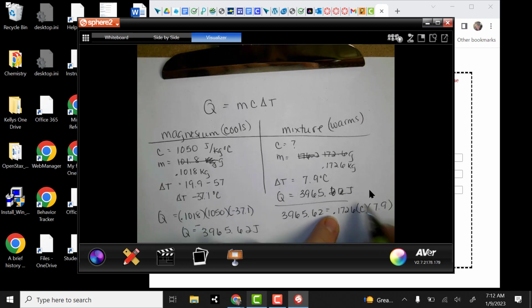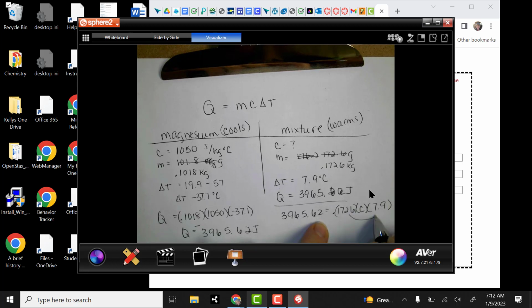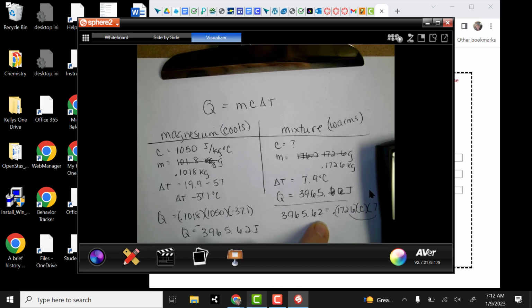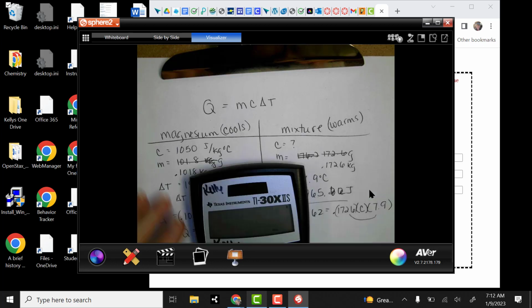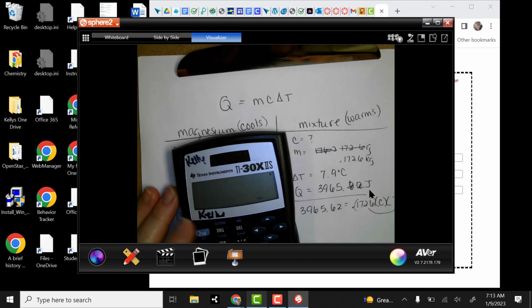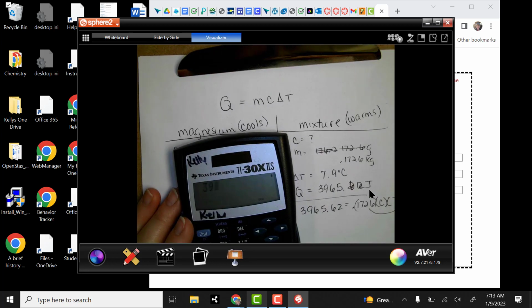I'm going to multiply these two together first. There's a lot of ways you can do this in algebra, but I'm going to do 3965.62 divided by these two multiplied, so I'll put that in parentheses: 0.1726 in parentheses times 7.9. It'll multiply those first, which is what we want, and then divide.